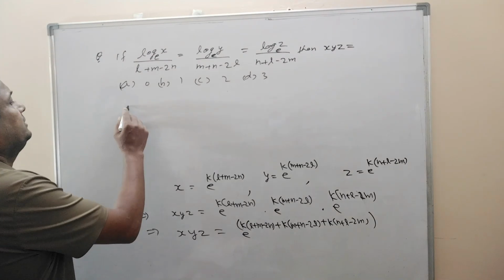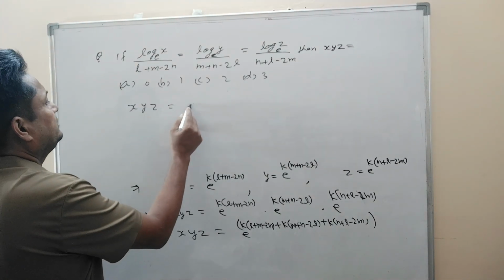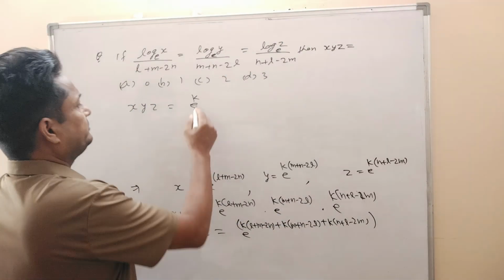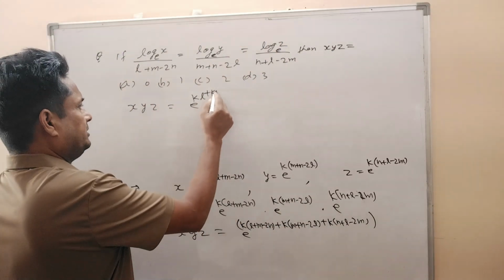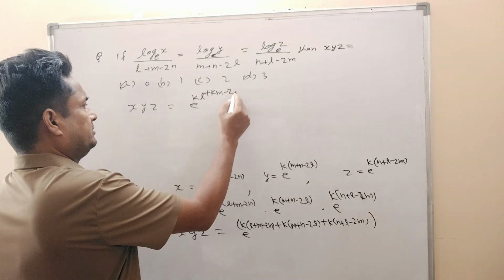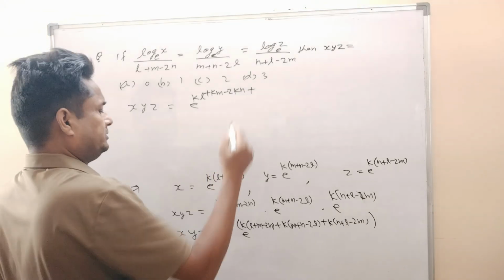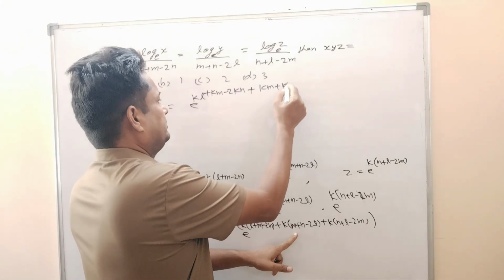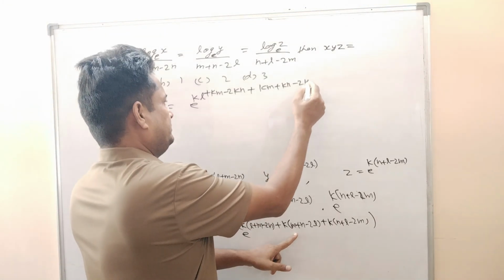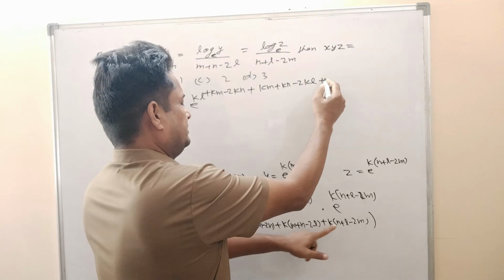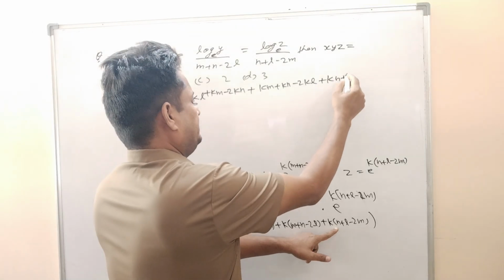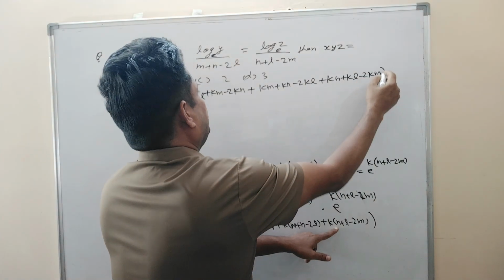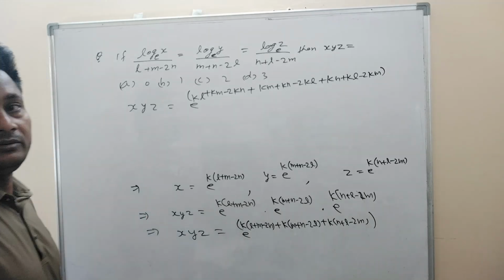So xyz will be e to the power k times, multiply this: kl plus km minus 2kn, plus km plus kn minus 2kl, plus kn plus kl minus 2km.